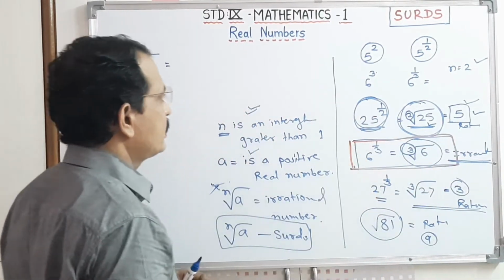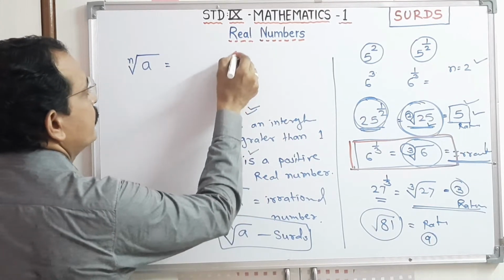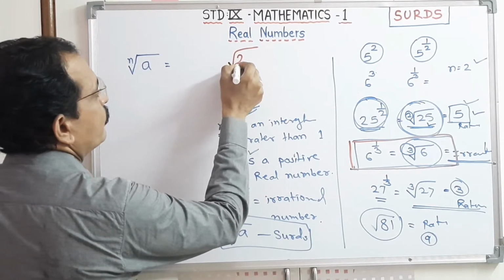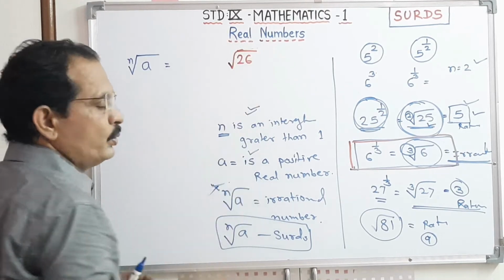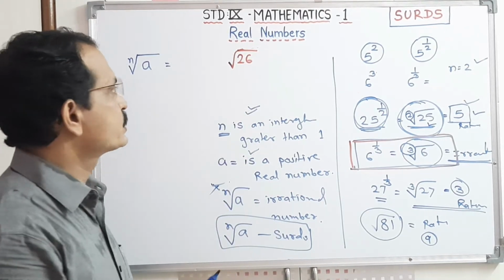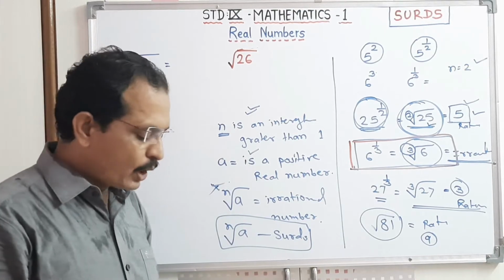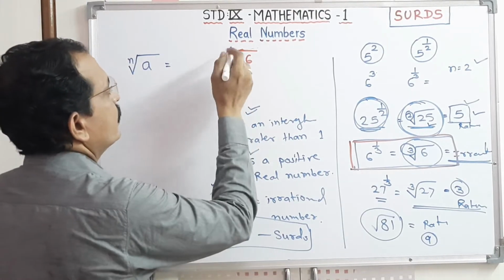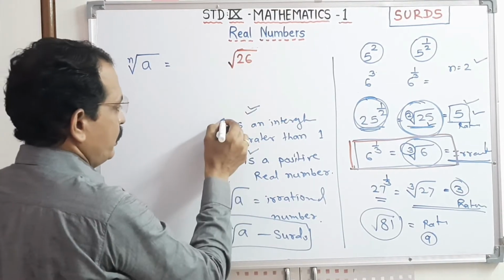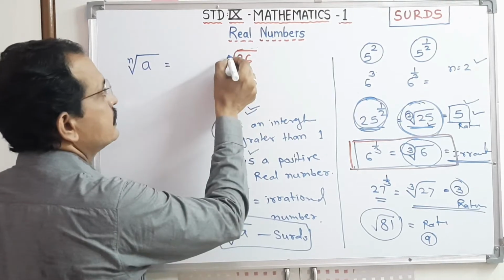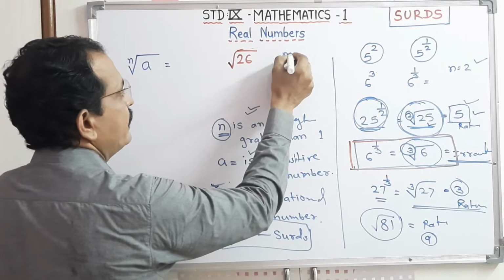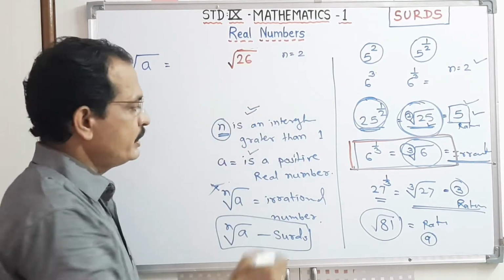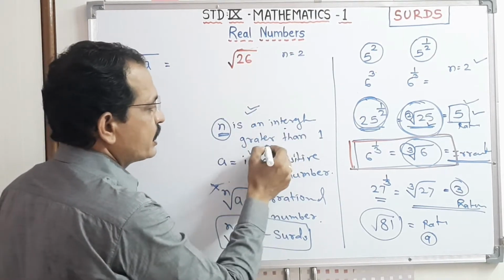I take another example. Suppose I write here the square root of 26. Now in this case, here the number denoted by n is not written over here. That means it is 2. Therefore n is equal to 2. It is an integer greater than 1.